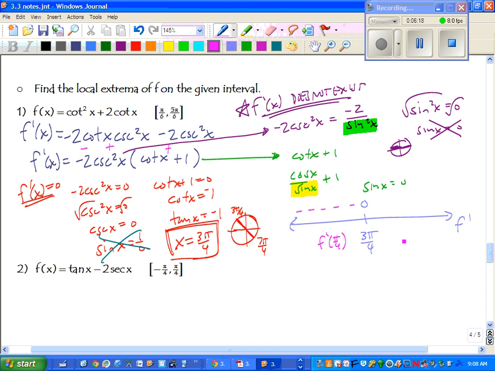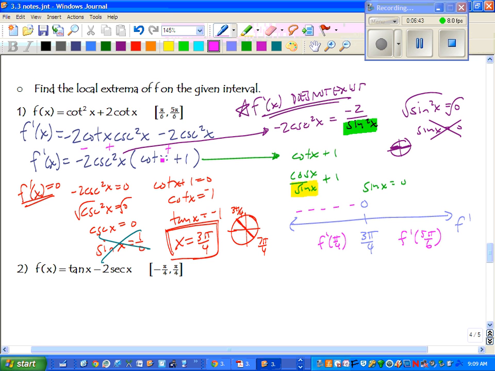If we look to the right of 3 pi over 4, let's see, we're going to have to do 5 pi over 6 so that it falls in that interval. So 5 pi over 6, again, this is going to be negative 2. This is going to be positive because we're squaring something, so it's always going to come out to be positive.